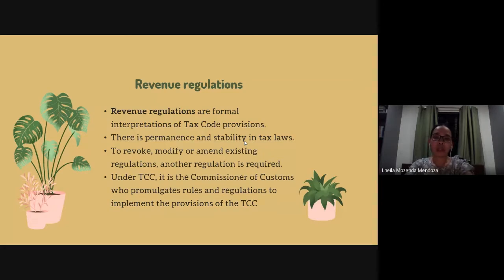These are formal interpretations of tax code provisions, and there is permanence and stability in tax laws since these are promulgated by the Secretary of Finance, and it can only be revoked, modified, or amended if there is another revenue regulation for its revocation, modification, and amendment.